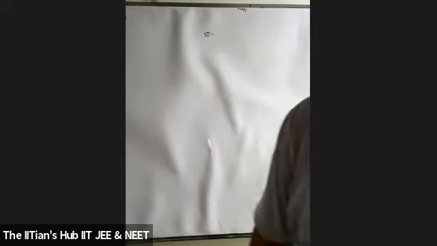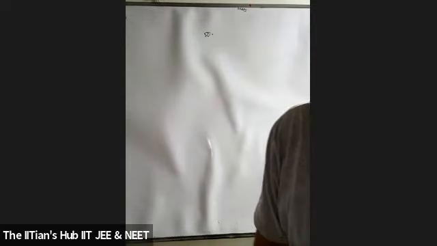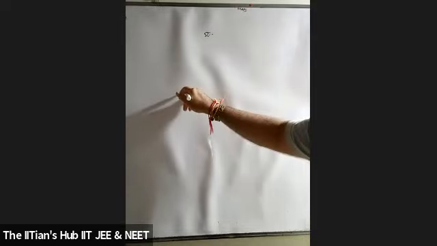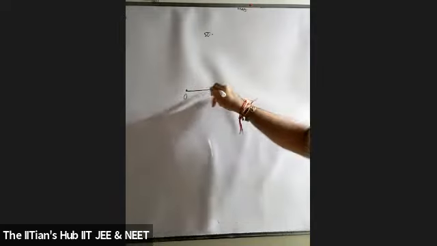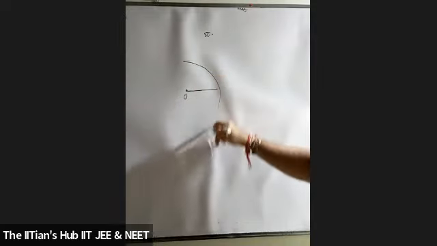A particle is moving with a velocity of magnitude v, and changes its direction of motion by an angle theta without change in speed. That means if I say angle theta, I can consider the path can be along an arc.